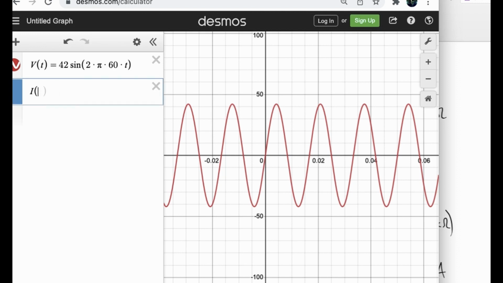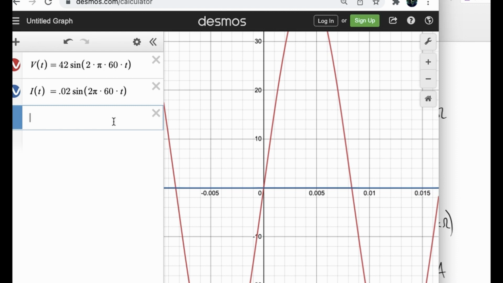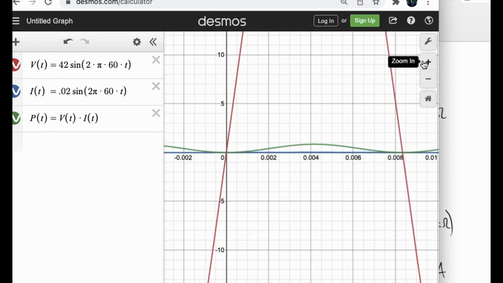We can also make a function for the current. Current has a maximum amplitude of 0.02, so 0.02 sine of 2 pi times 60. Perfect. Now we want to make a function for the power. To get a function for the power, you just multiply the voltage function times the current function. And this green is a picture of the power.